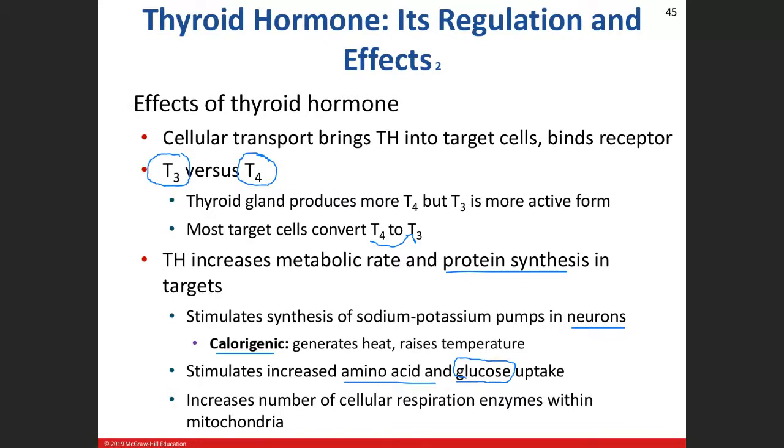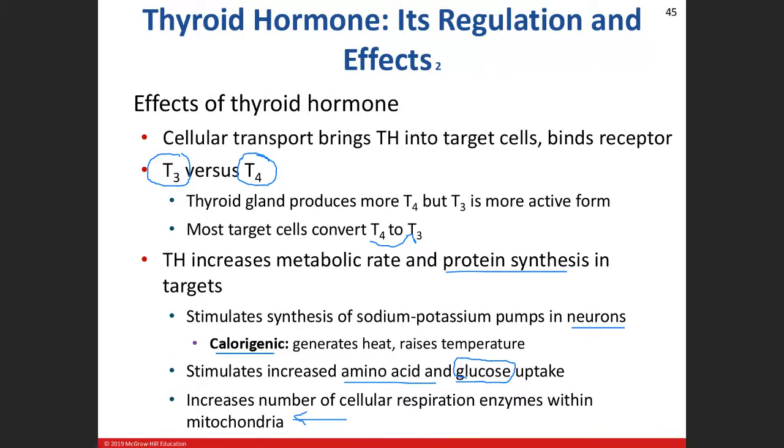And then we'll also see our mitochondria kick it up a notch, because oxygen is pretty prevalent since we've increased our heart rate, our force of contraction, and our breathing rate. So oxygen is readily available. Mitochondria need that oxygen to undergo cellular respiration.